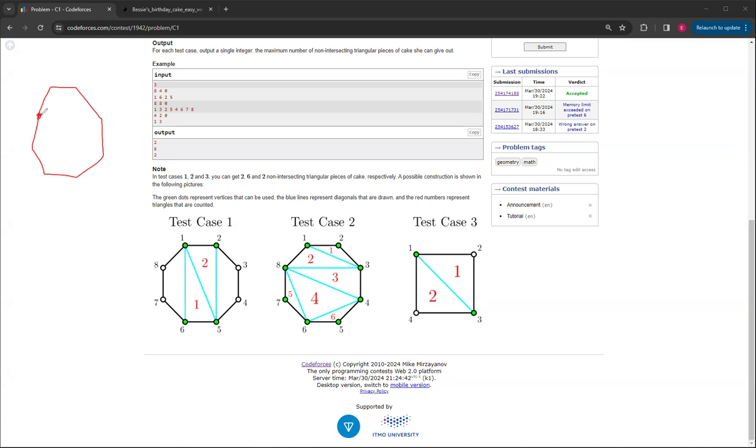If we had 1 here, 1 here, 1 here, and 1 here, because these aren't two or more connected with each other, it's always going to be possible. So you can just have the number of vertices total that aren't connected, minus 2. That's basically where the idea comes from.